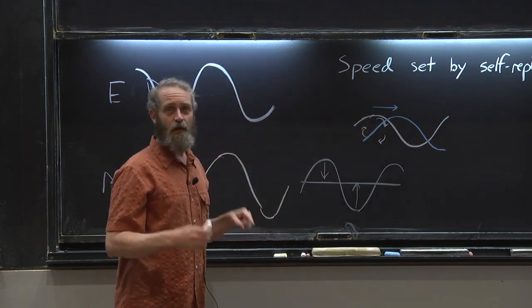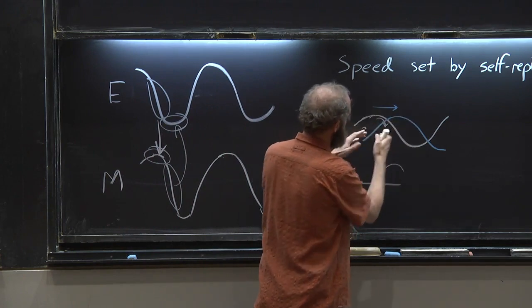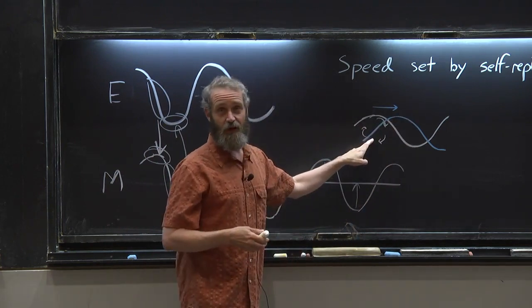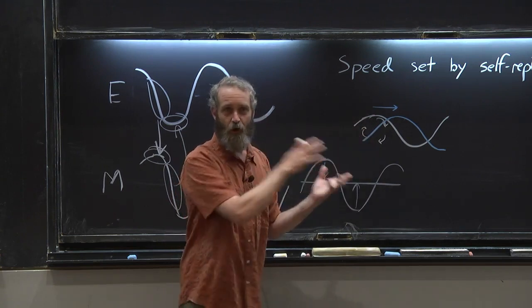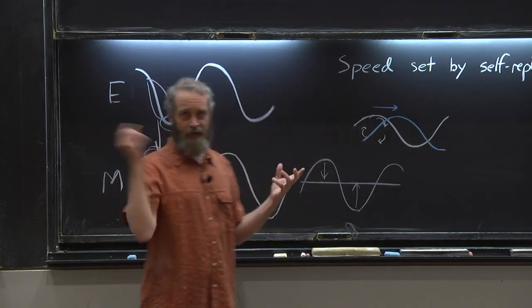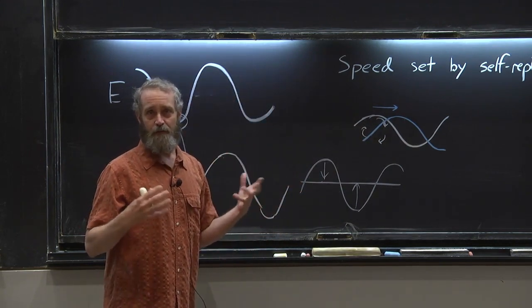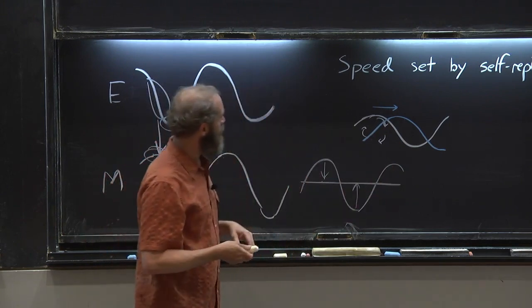The only way this can work is if the speed of the wave is right, so that it can self-reproduce, make something that looks like it did, only just moved over a little bit in space. So if you tried to make a water wave go 100 miles an hour, it would break. It wouldn't self-replicate, and so it wouldn't be a wave.